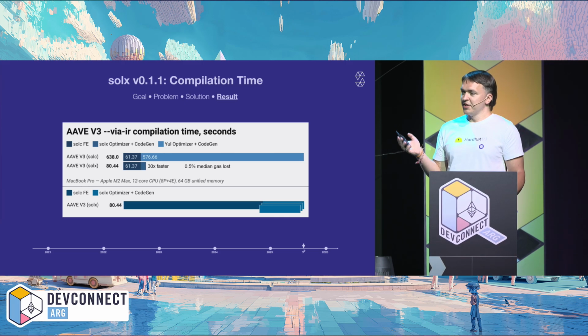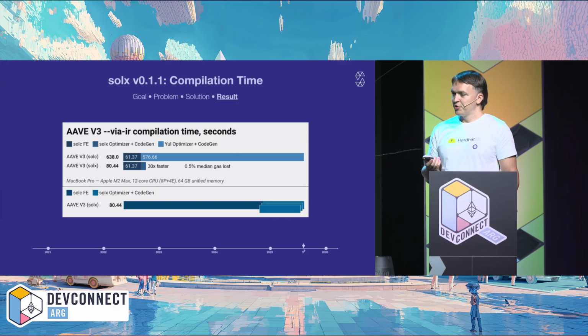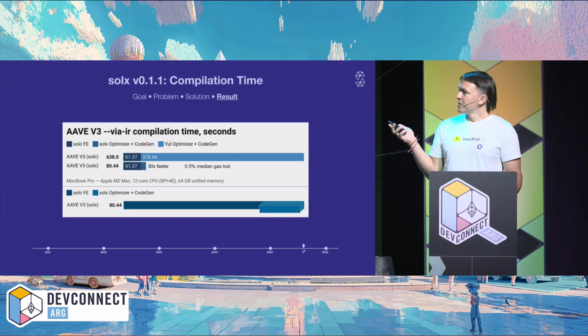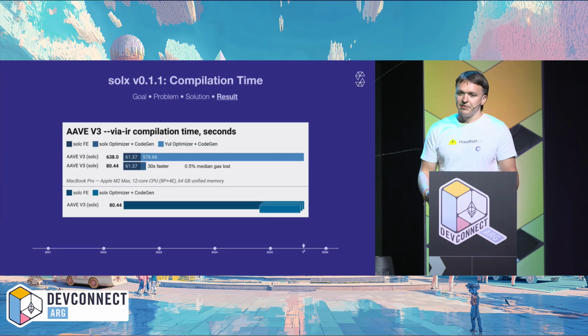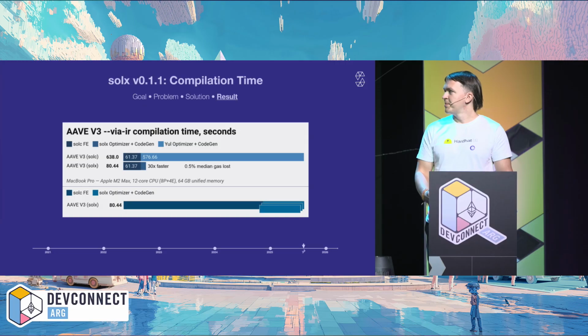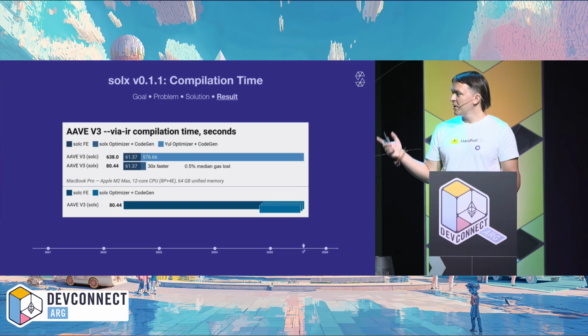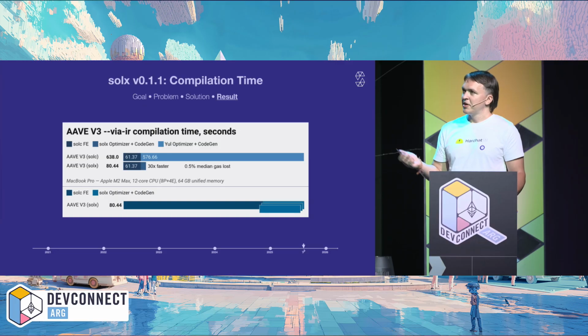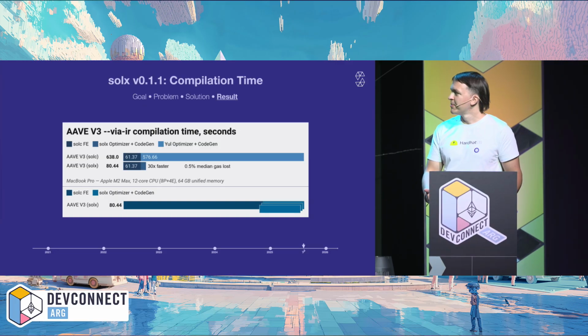And it's not the end of the story. After we turned off the Yul optimizer, solc still accounted for 75% of the total running time. This is the dark blue stripe below. And the reason is mostly because it's single-threaded. Like Aave has around 100 contracts, or maybe 400, I don't remember.